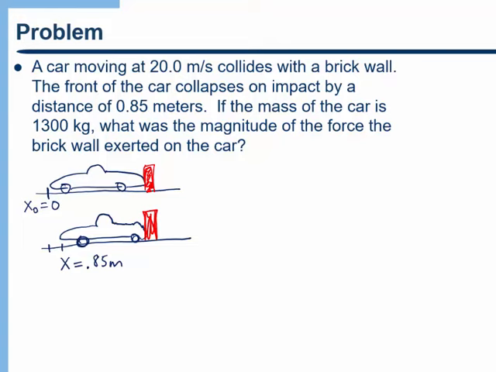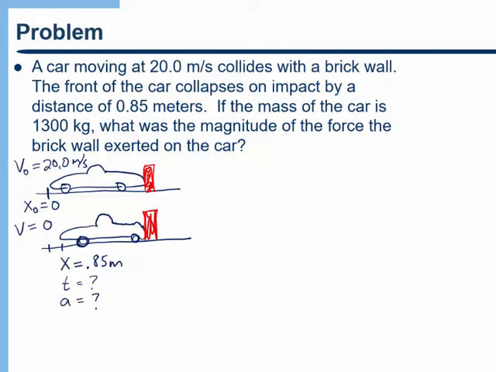Now, I know the initial velocity is 20 meters per second. And I know the final velocity is 0. Notice that I don't know t in this problem, and I don't know a, and that's what I need to find as my first step.